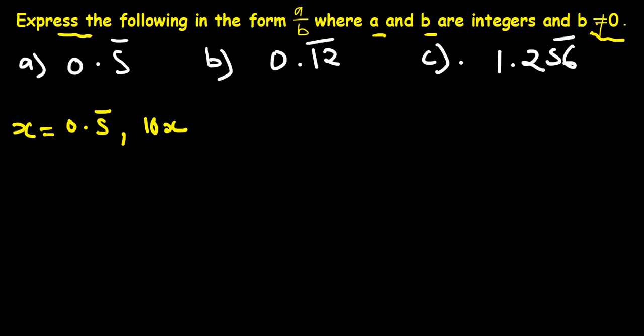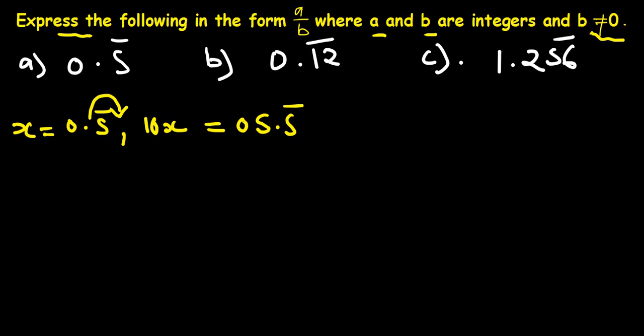So I'm going to move this decimal place from here one time to the what? To the right. So this 10x, or when I multiply this x by 10, it will just be equal to 5.5 bar. Okay, so this is what I have here.